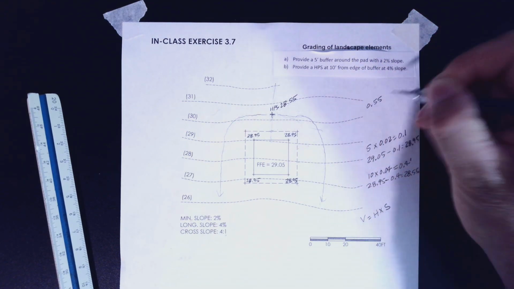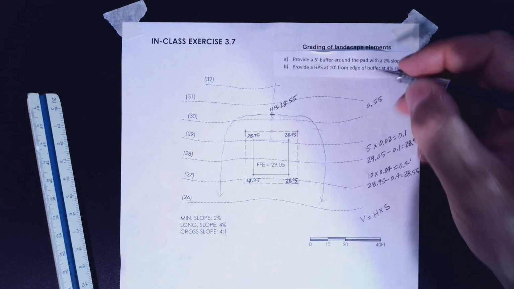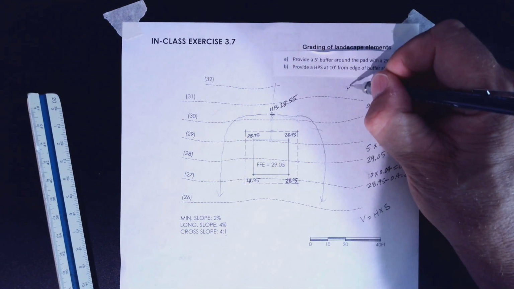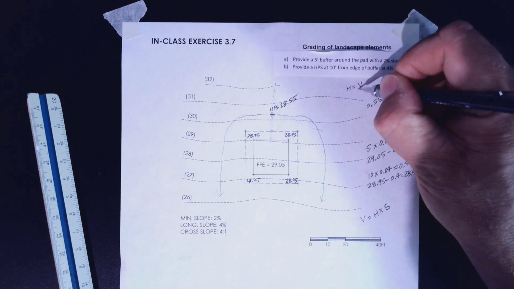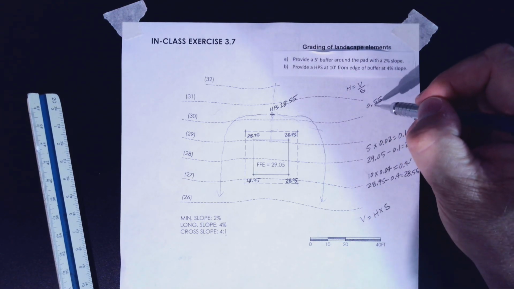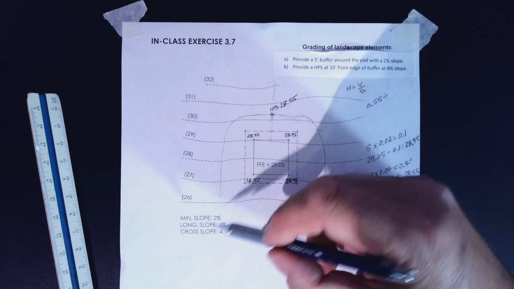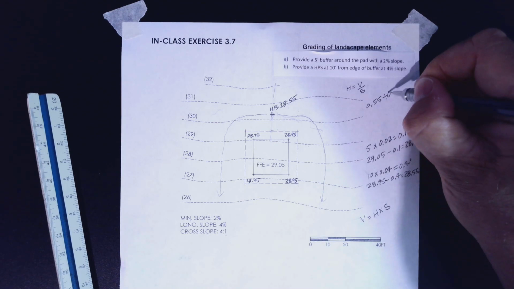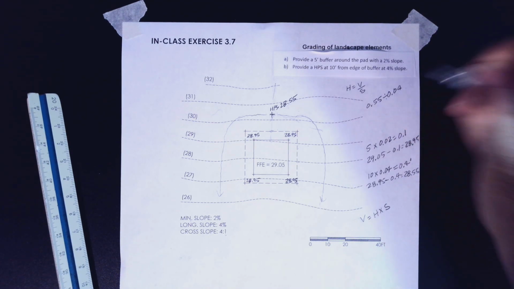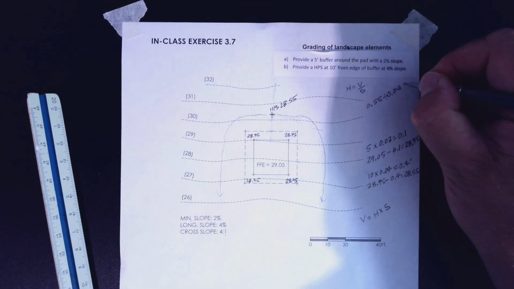0.55 is our vertical. We don't know what our horizontal is, but we know that horizontal equals vertical divided by slope. So we have to go 0.55 divided by the slope, which is 4%, 0.04. So 0.55 divided by 0.04 equals 13.75.